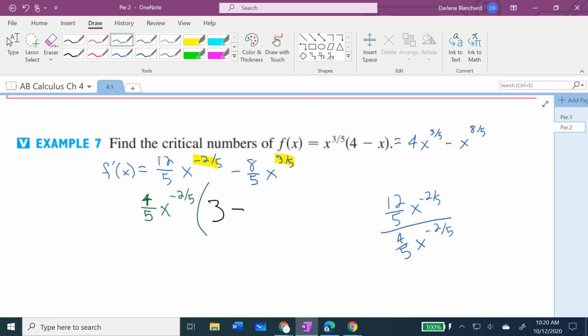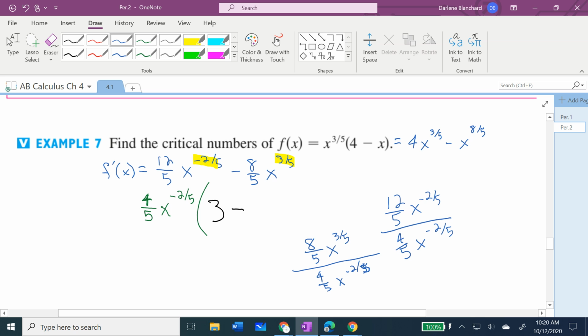And then also realize that you are taking 8/5 x to the 3/5 power and dividing it by 4/5 x to the negative 2/5 power. And this is something you would do in your head, most likely.